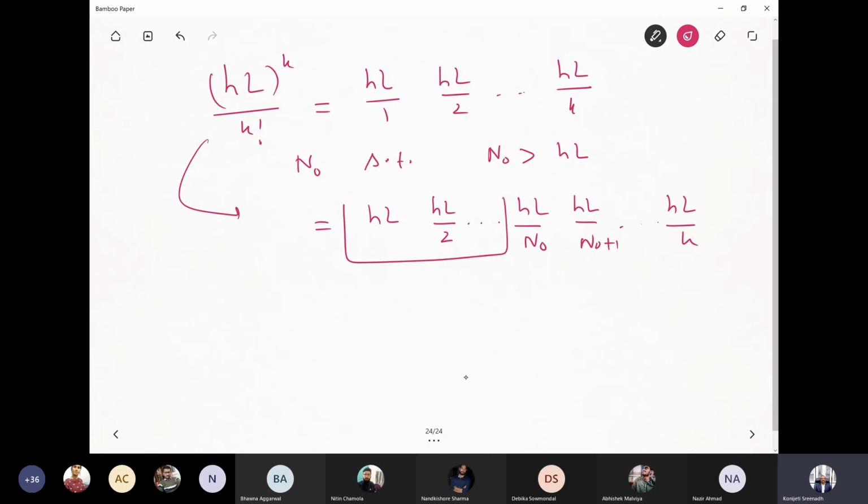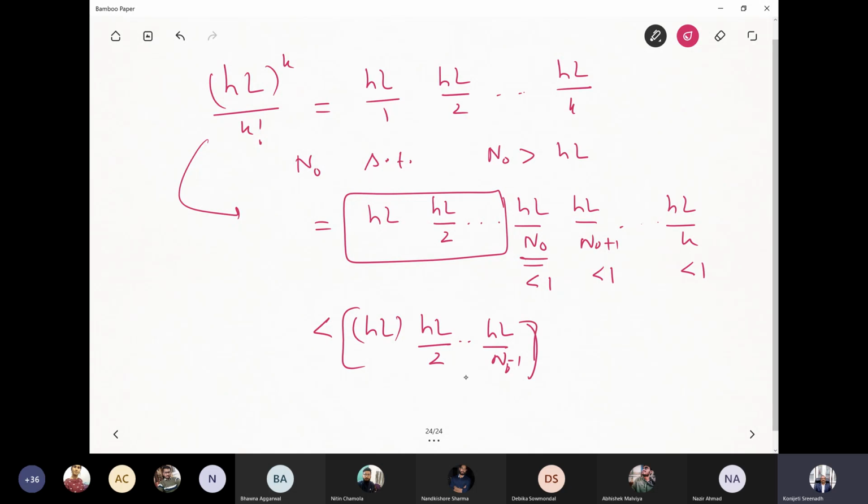So look at all these things. These are finitely many things. And this fellow is less than 1, and this fellow is less than 1, and this fellow is less than 1. So this is less than hL into hL by 2 up to hL by n naught minus 1. So this whole thing is one constant times this. All these things are going to be n naught power k minus n naught minus 1.